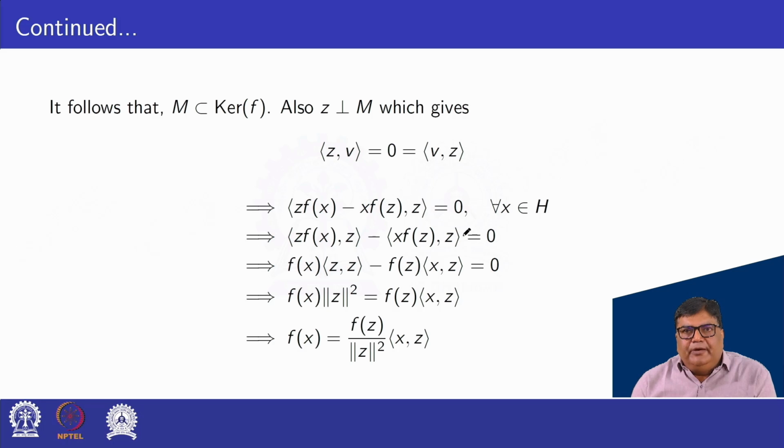So using the property of the inner product, we can write this as the inner product of z into fx and z minus the inner product of x fz and z equal to 0. So here fx is a scalar, here fz is a scalar. So by the linearity property of the inner product, we can write this as fx into the inner product of z, z minus fz into the inner product of x, z equal to 0.